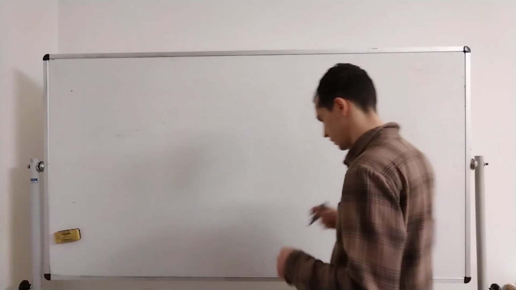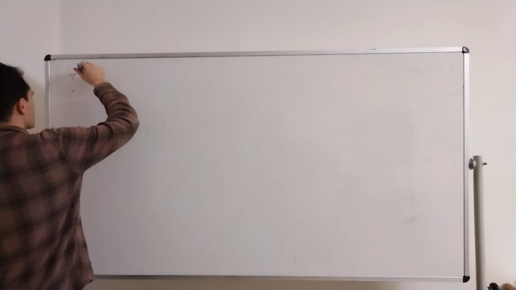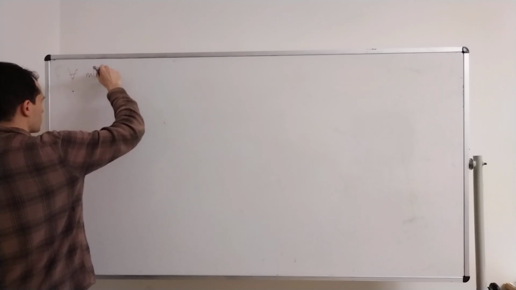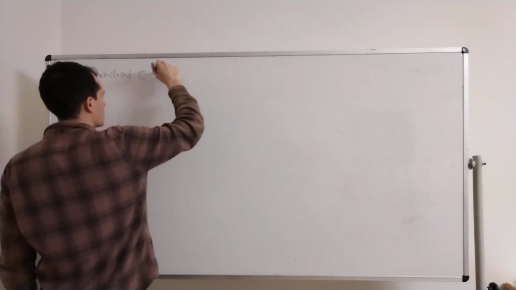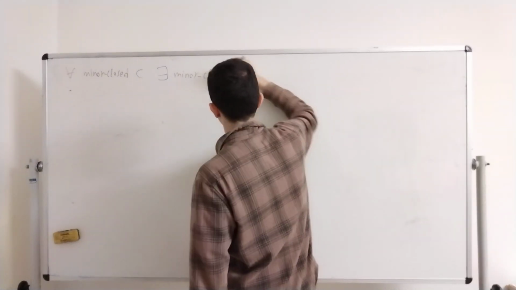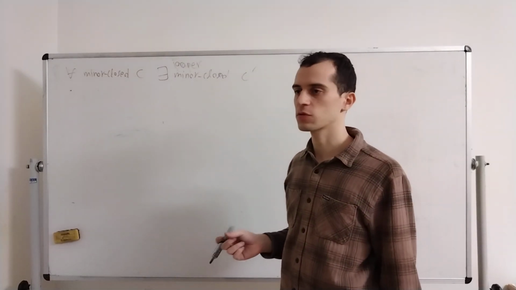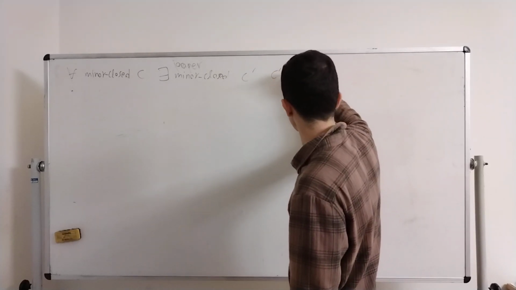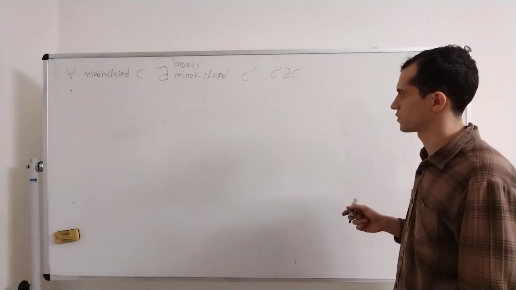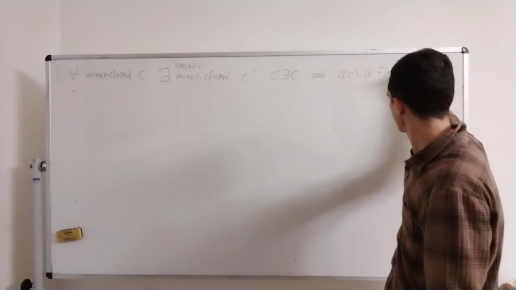For every minor closed class C, there exists a minor closed, proper minor closed class C prime, and proper means it doesn't include all graphs, I will get into that, that includes C, and delta of C prime is finite. So basically that's a conjecture.